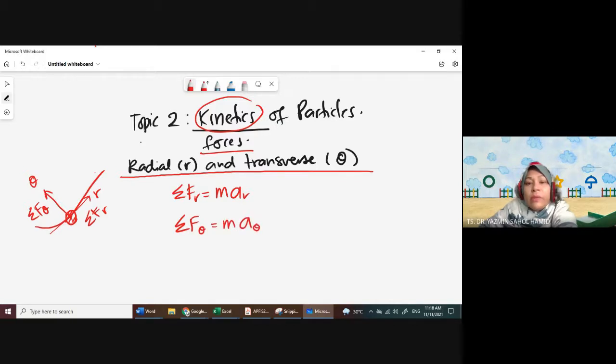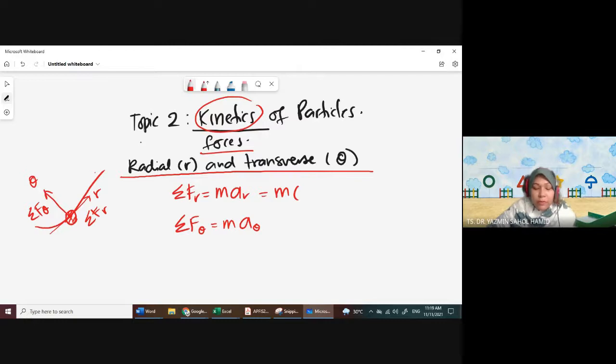Do you remember what is a_r? What is the formula for a_r? We have learned it before, in kinematics. Try to open your notes.